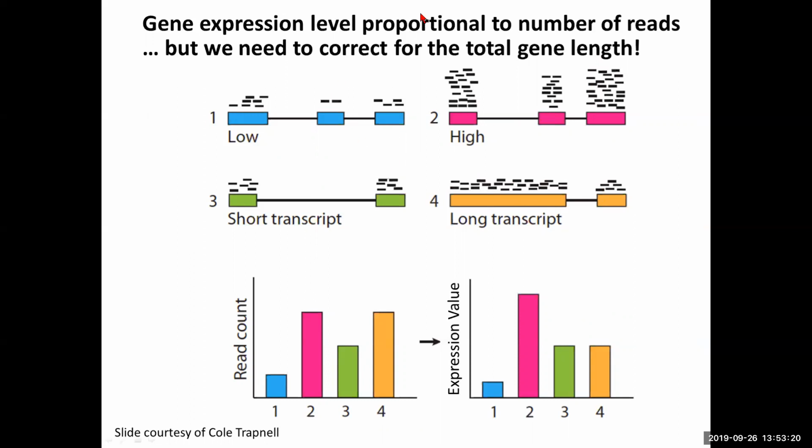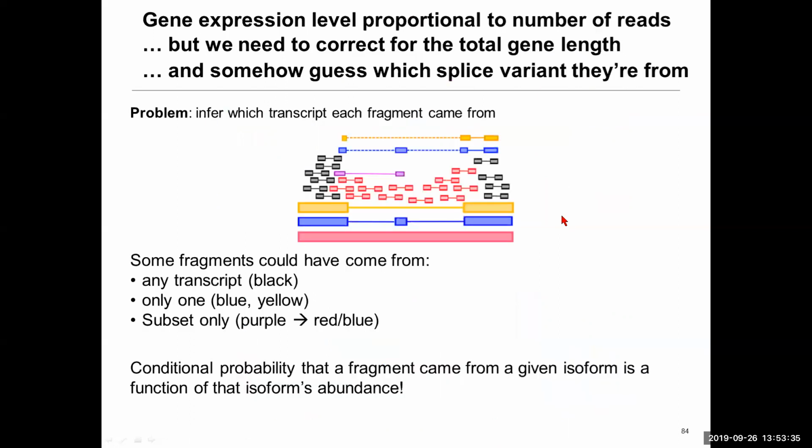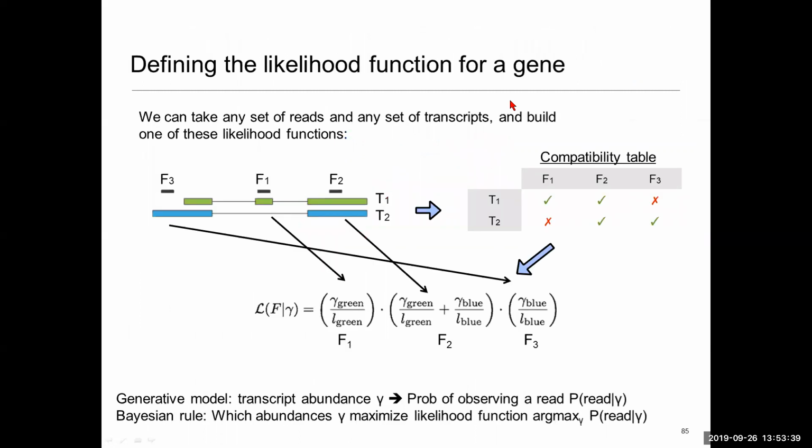But the problem is that you need to correct for the total gene length. Why? Because the longer the transcript, the more reads will map there, the more opportunities you have of catching an RNA molecule there. So you have to adjust for the total gene length. You also have to guess what splice variant each one is coming from.